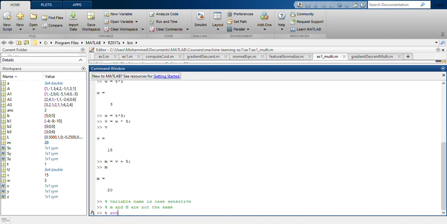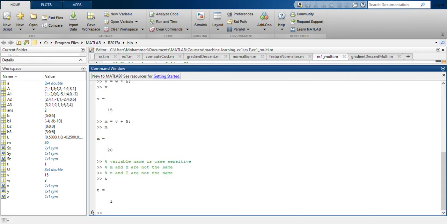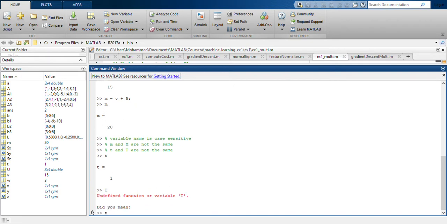Similarly, let me write that as a comment, small t and capital T are not the same, right? So if I put t, we assign the value as 1, but if I put capital T, it says undefined function or variable.